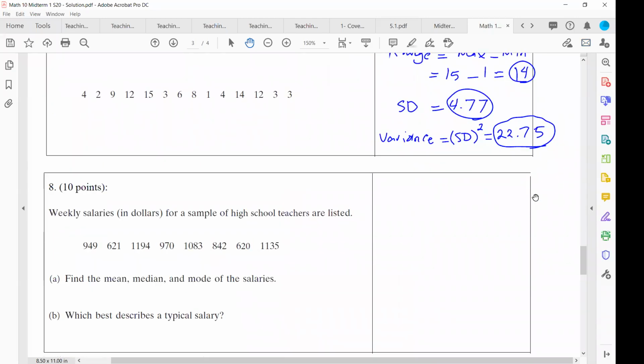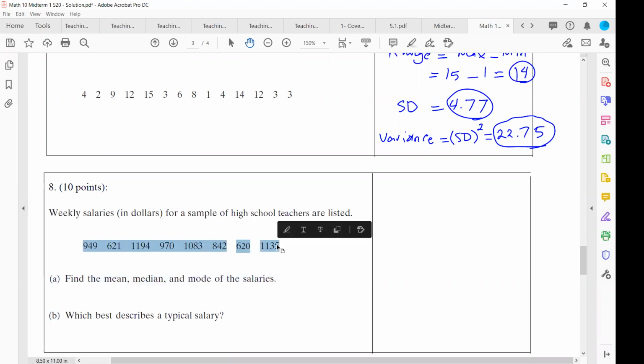Very well. Again, you have a collection of data, weekly salaries in dollars for a sample of high school teachers are listed below. Find the mean, median, and mode of the salaries. Which one best describes a typical salary? Is this mean, is this median, or is this mode? Very well.